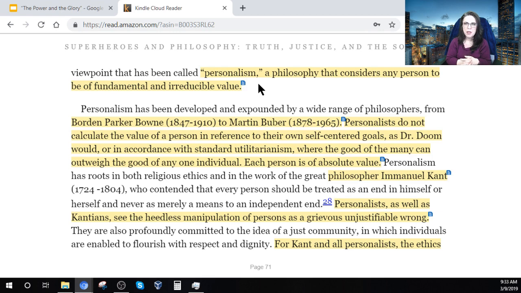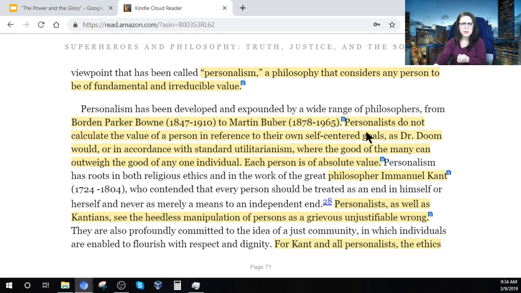Now, there are many people that have contributed to this philosophy, but your book mentions Borden Parker Bowne, from 1847 to 1910, Martin Buber, from 1878 to 1965, and then they also add in a little bit later Immanuel Kant, from 1724 to 1804. So, personalists think that all people are fundamentally important. You can't value one more than the other.